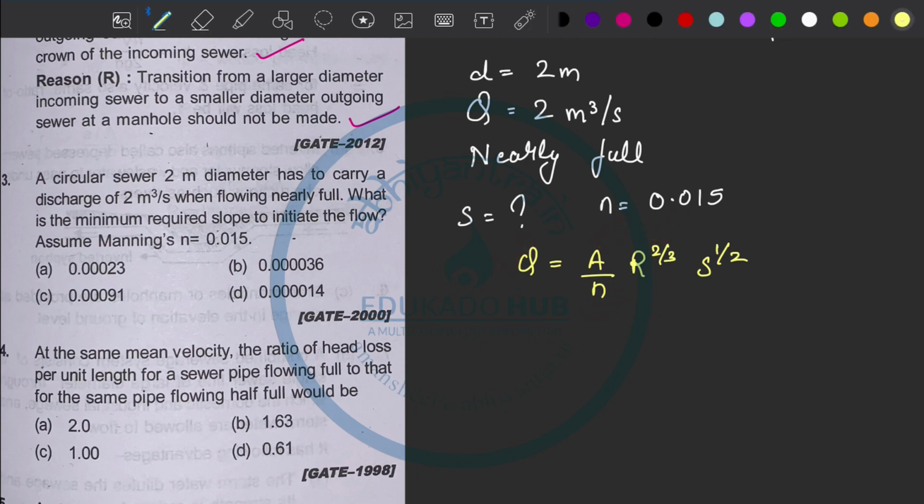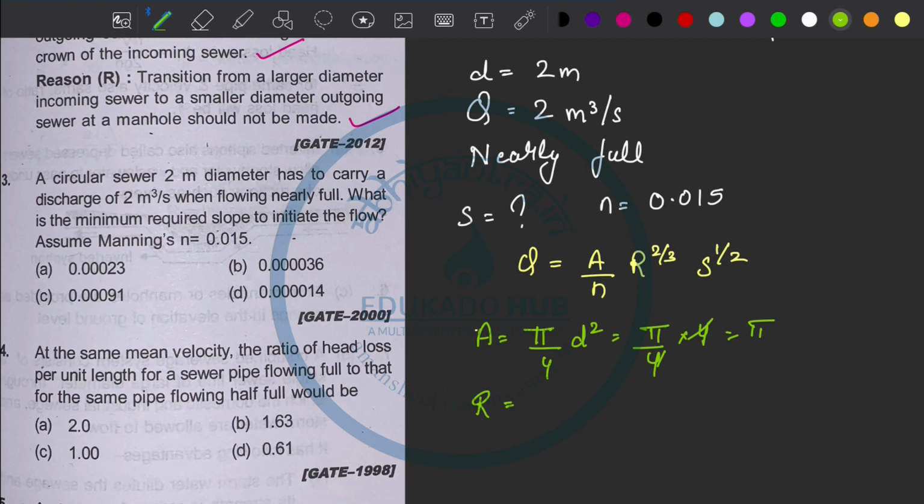So let's calculate the area first. Because it's circular, the area will be pi by 4 d square, diameter is given, pi by 4 into d square, that means 4. So the area comes out to be pi. Okay, now what is R? R is the hydraulic mean depth.